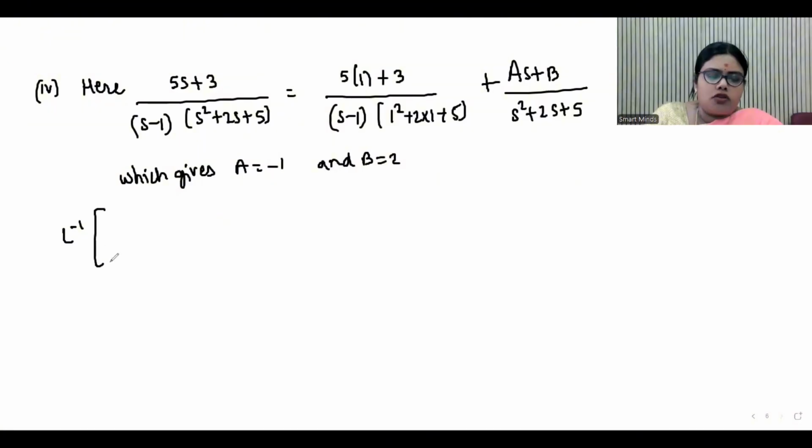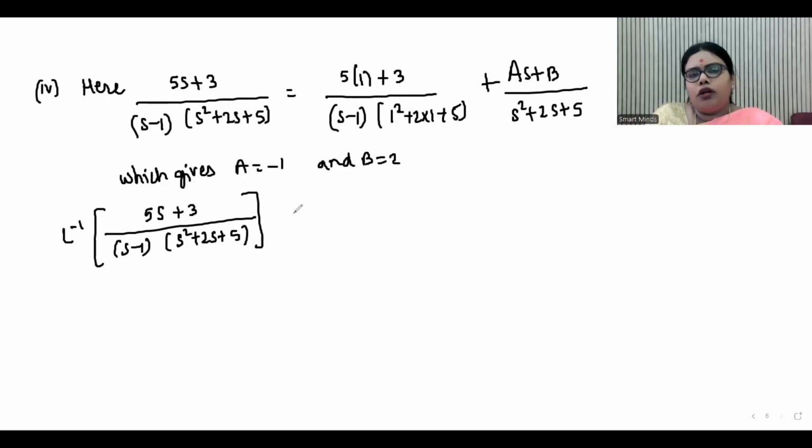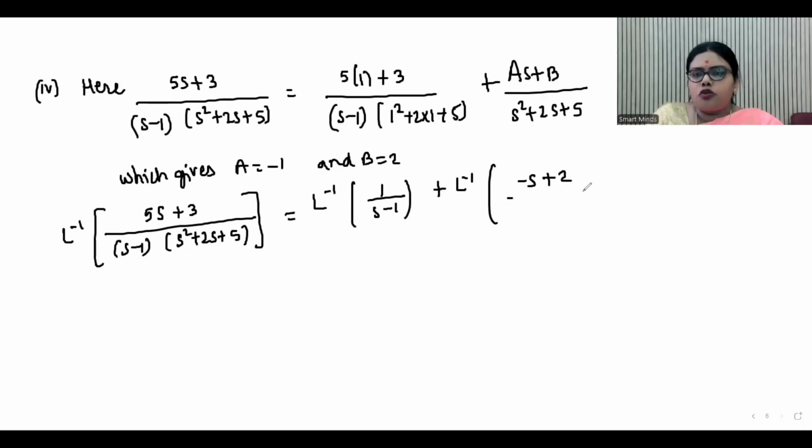So L inverse of (5s + 3) by (s minus 1)(s square plus 2s plus 5) is equal to, now we will separate it, L inverse of 1 by (s minus 1) plus L inverse of (minus s plus 2) by (s square plus 2s plus 5).